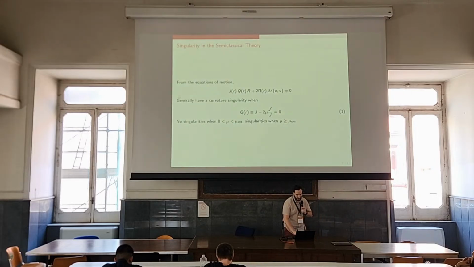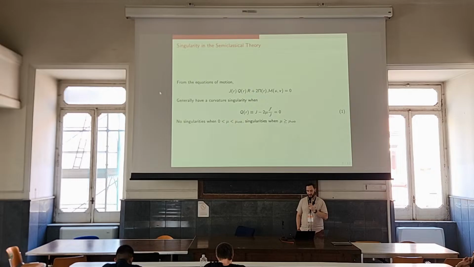So we've changed the theory by doing this. We've got to make sure that we still have a regular black hole. So rearranging the equations of motion, you get this equation here. It's not really important what any of these terms are, except to note that when this q is 0, the curvature diverges. And for any model that has a singularity classically, unsurprisingly, it's got a singularity in the semi-classical spacetime.